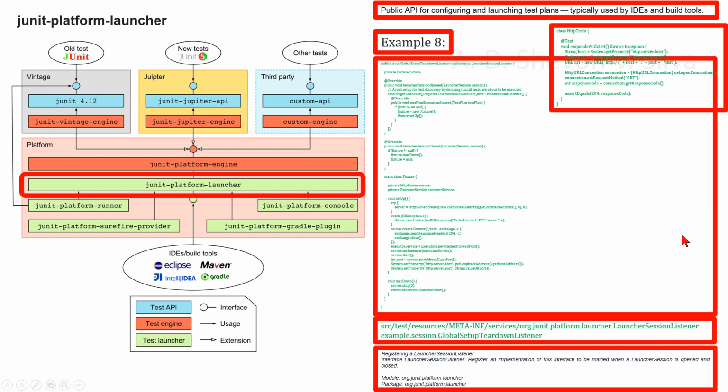Registered implementations of launcher session listeners are notified when a launcher session is opened before the launcher first discovers and executes tests, and closed when no more tests will be discovered and executed. They can be registered programmatically via the launcher config that is part of the launcher factory, or they can be discovered at runtime via Java's service loader mechanism and automatically registered with the launcher session unless automatic registration is disabled.